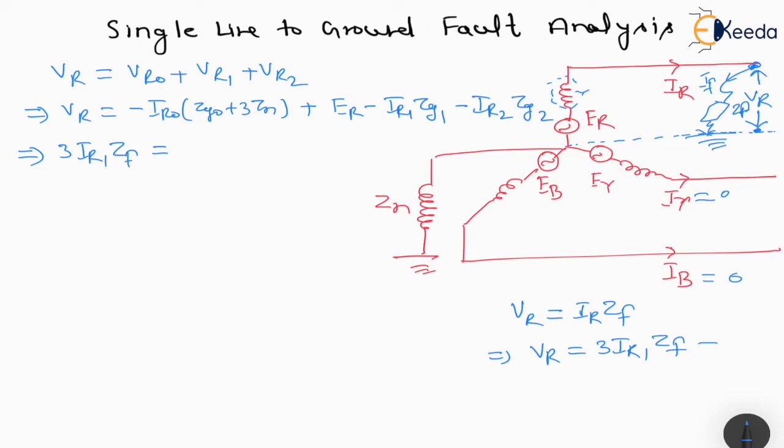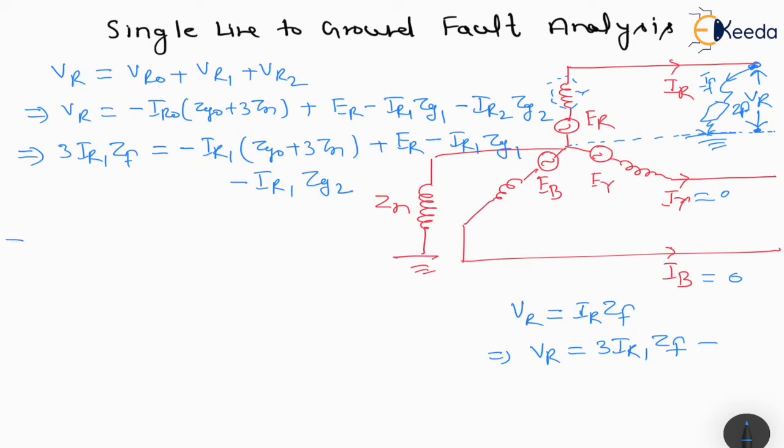So putting this value here, this will become minus IR1 into ZG0 plus 3ZN, plus ER minus IR1 into ZG1, minus IR1 into ZG2. I put IR1 in place of IR2 and IR0 because we know that the value of IR0 is equal to IR1 is equal to IR2.